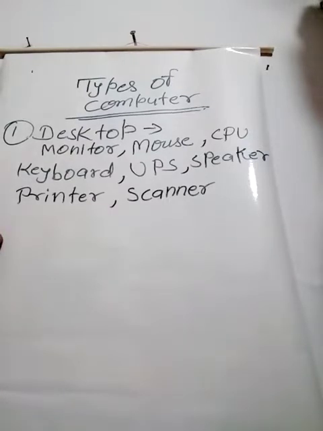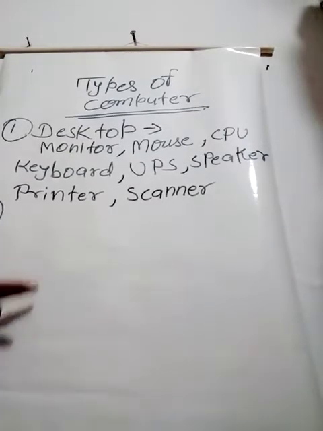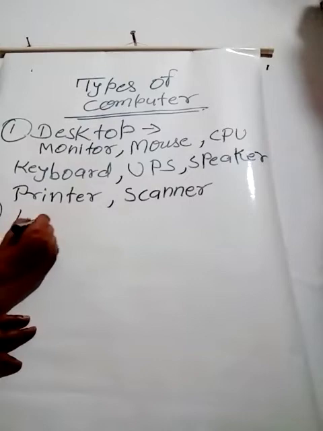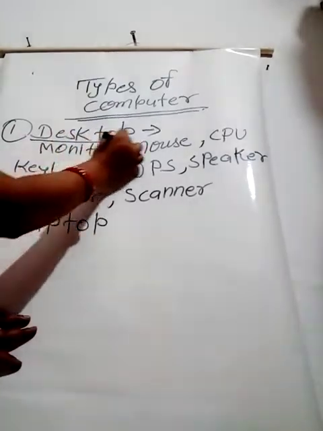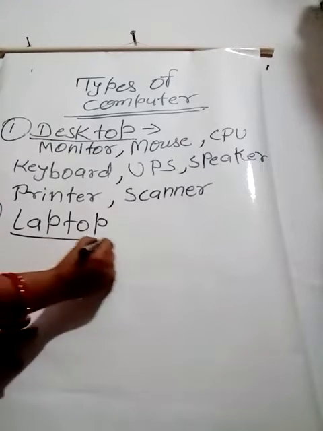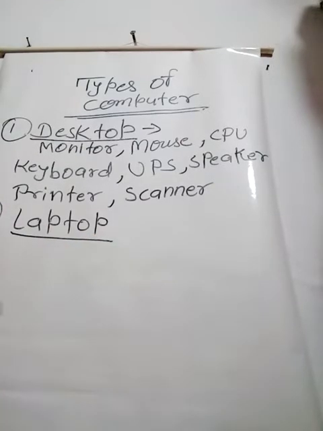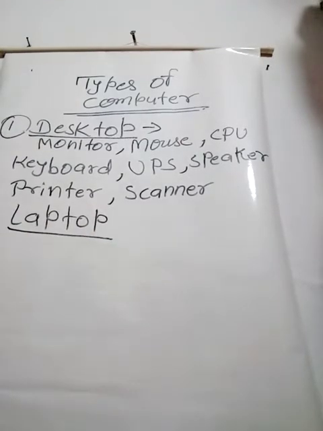Another type of computer is the laptop. First one is desktop and the second one is laptop. A laptop is a smaller computer. It can be kept on your lap, and it has an inbuilt keyboard.